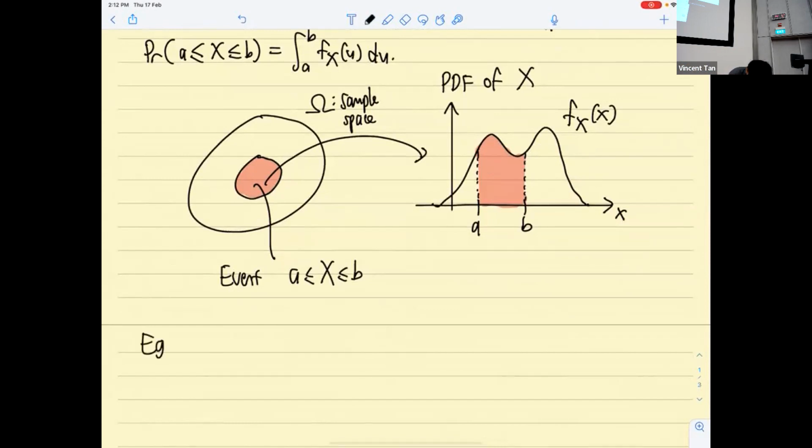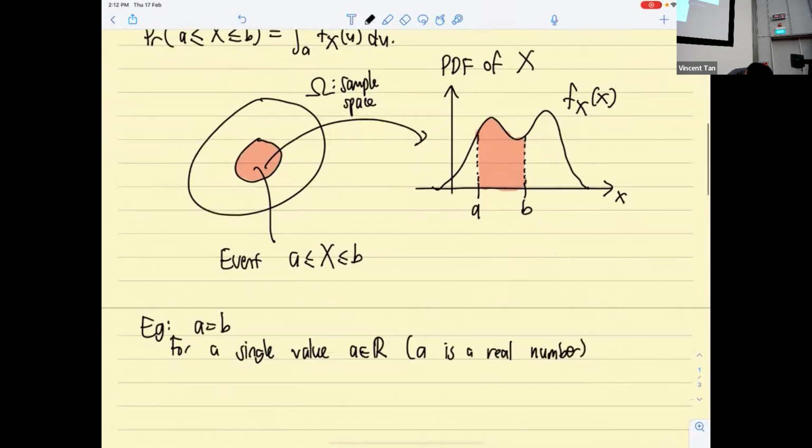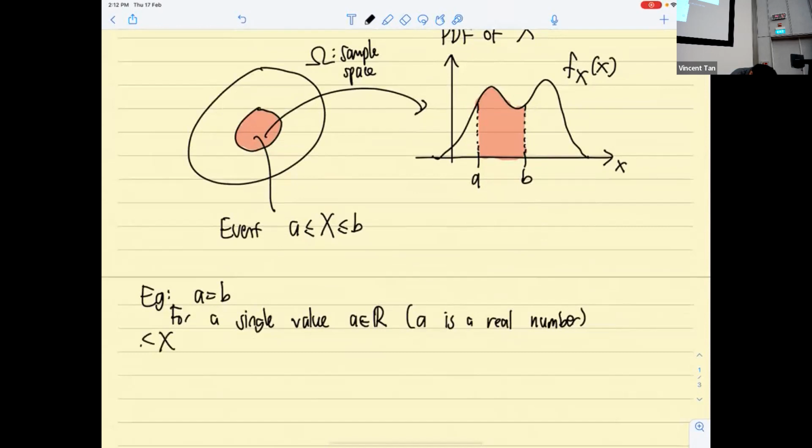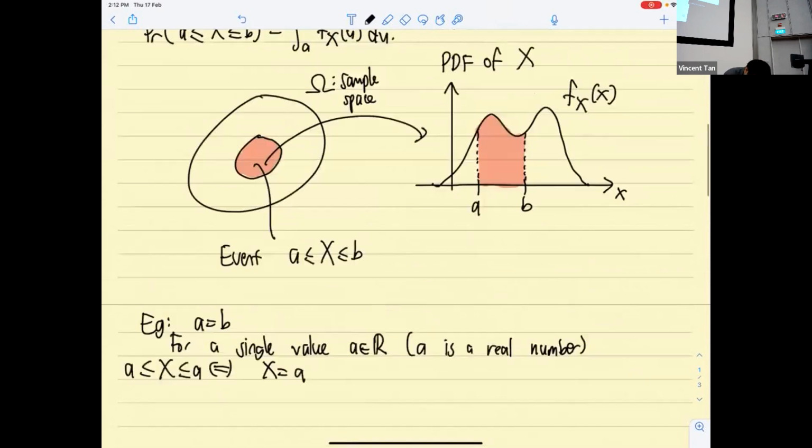For example, if A is equal to B, what do you think happens? Now, for a single value A in R, that means A is a real number, what is the chance that X is between A and A? Well, this is if and only if X is equal to A. So we can just apply the formula.